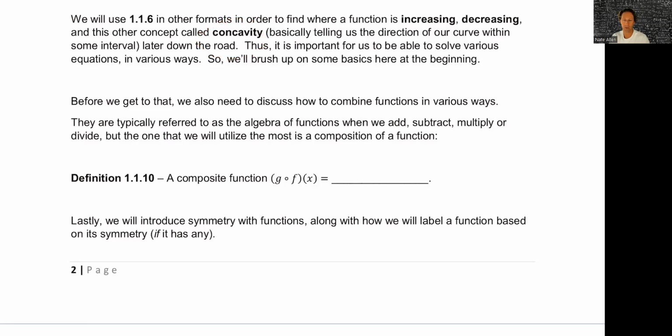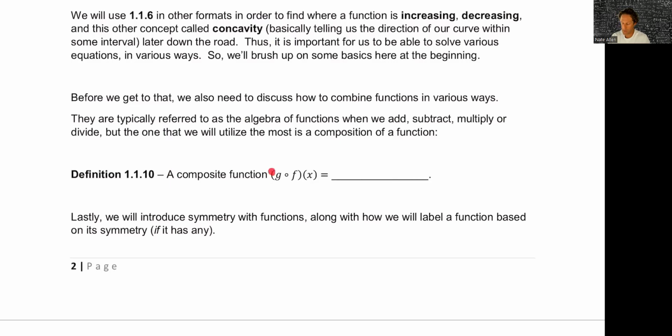All right, but before we do, we're going to be talking about a few more things, like what else can we do with functions? We can have one function that is composed or made up of another. So rather than just putting an x into our function and seeing what comes out or results, we can put an entire function into another function. So the way that we read this is we say it's g of f of x.